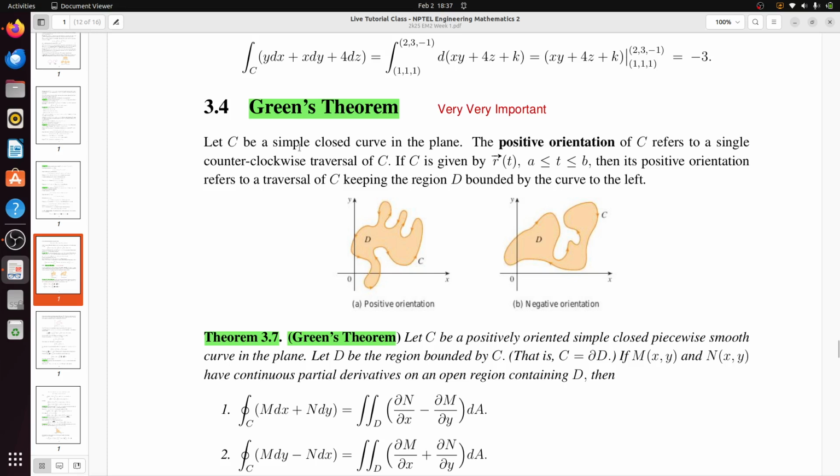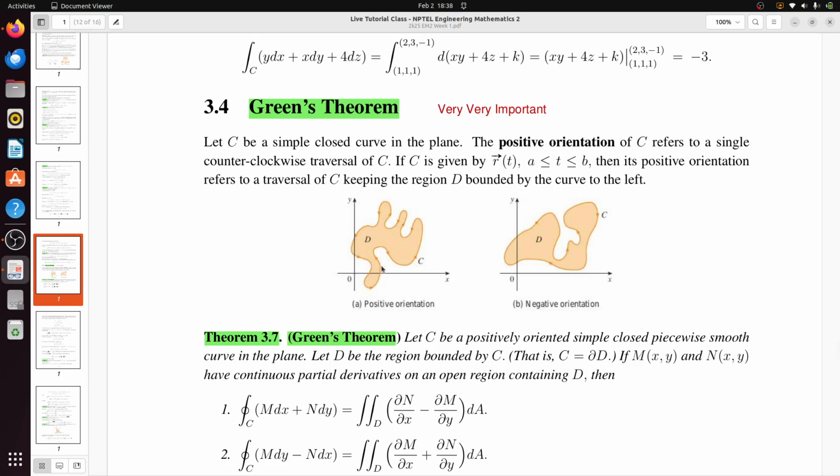Let C be a simple closed curve in the plane. The positive orientation of C refers to a single counterclockwise traversal of C. That means this is a simple closed curve C that encloses a region D. A positive orientation means that you start from, say, this point, then you go like this, you trace the entire curve, then once again you come back to this same point.